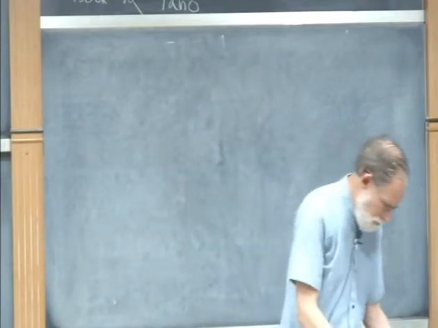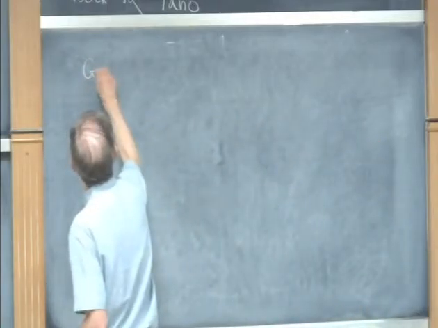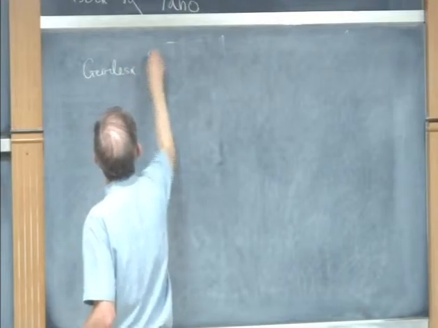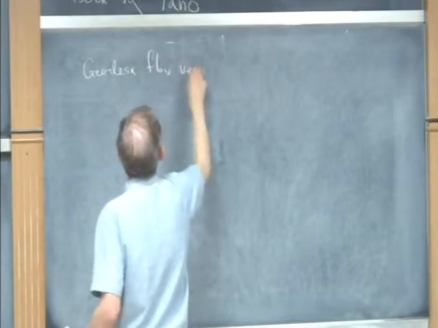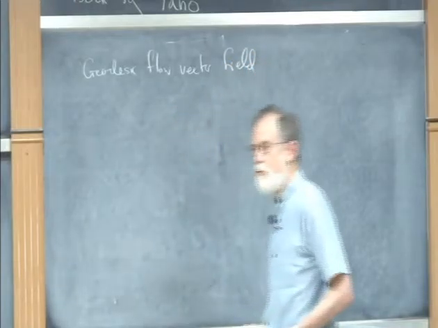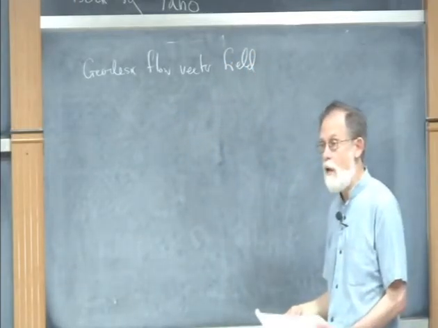So the first thing: the geodesic flow is a flow on the tangent bundle.